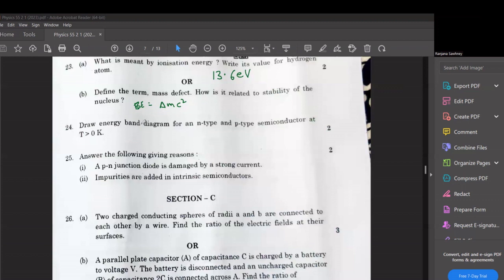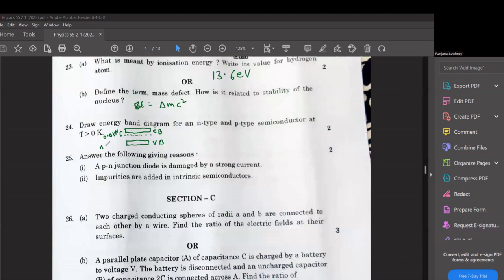Next is draw the energy band diagram for the N-type and the P-type semiconductor at T greater than 0 Kelvin. As you know, we have to draw the valence band and the conduction band above the valence band. In case of N-type semiconductor, the donor energy level is formed just below the conduction band, about 0.01 electron volt below.